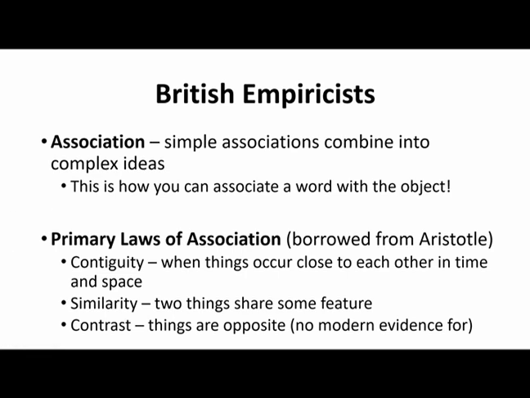And so an example of an association would be something like associating a word with the object that that word is about. So the word car makes you think of cars. That's an association. The letters C-A-R don't necessarily link directly to an actual vehicle, but because of learning, because of experience, we've formed an association between those particular letters in that particular order, or said aloud in a particular way, that they mean that object.